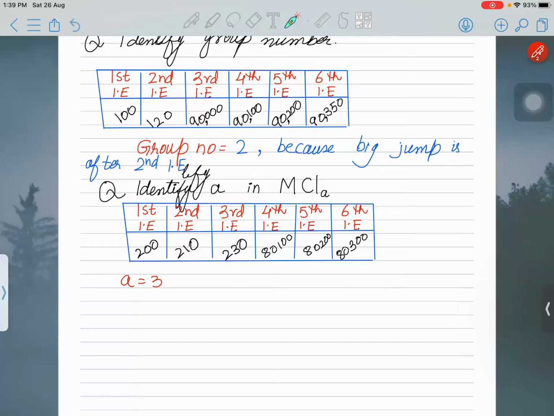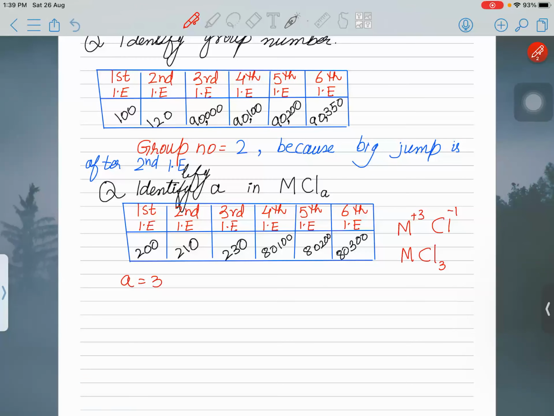It means M has 3 valence electrons, so M has the capability to give 3 electrons. When M gives 3 electrons, M becomes plus 3. You know that chlorine is -1. So the formula would be MCl3.